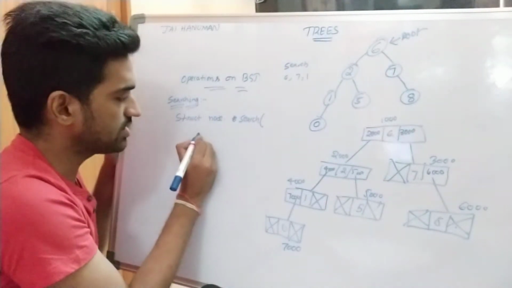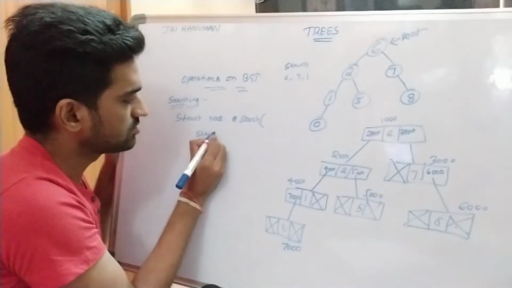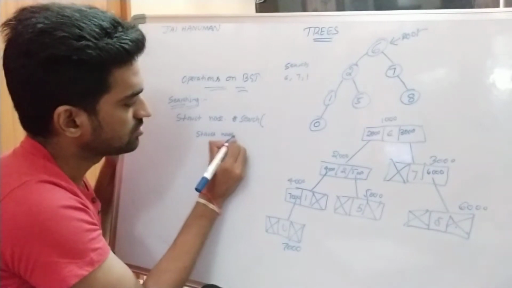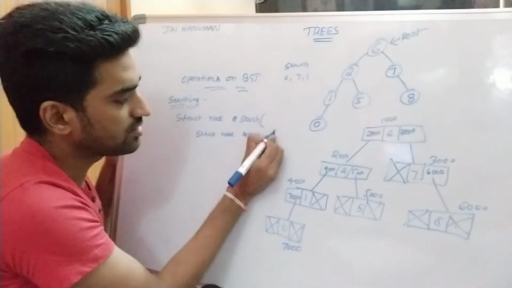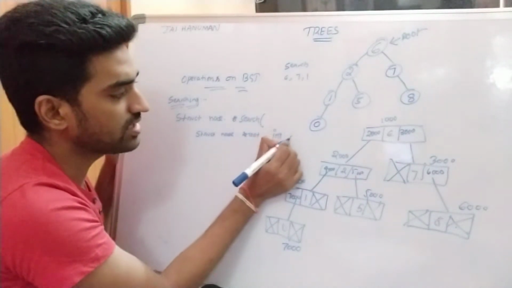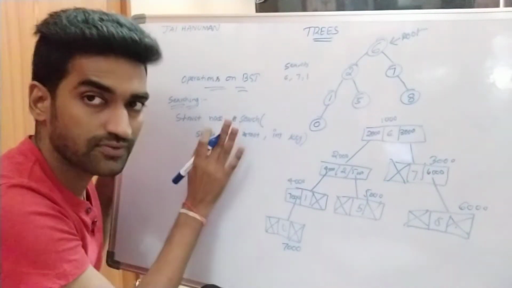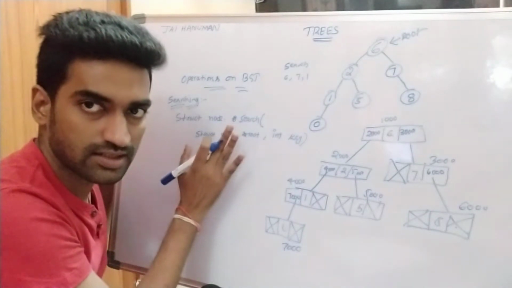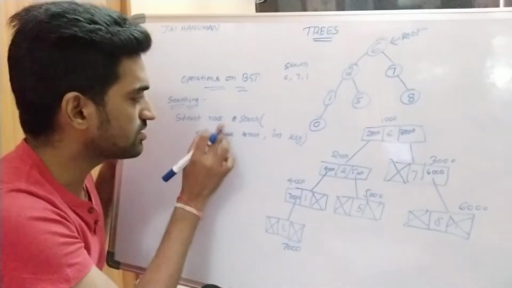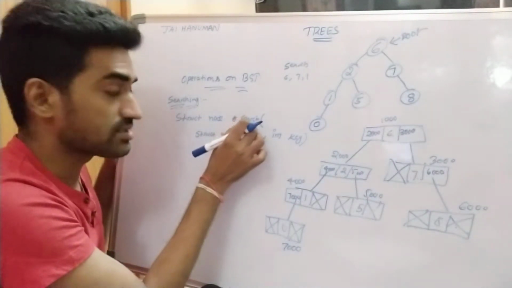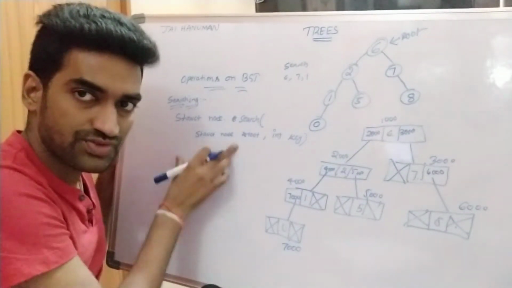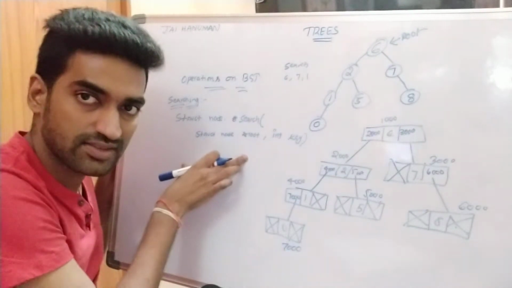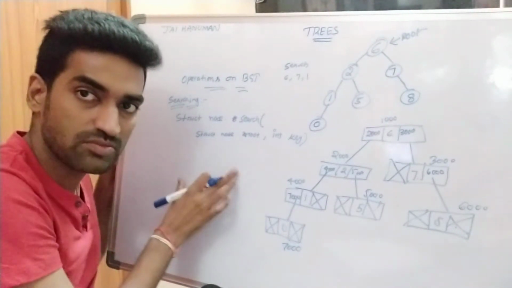So I write struct node asterisk root, comma, and the key value is an integer, so int key. Here I am writing the function definition only, not the entire program. After calling this function, the entire process is executed in this function definition. So here I am writing the general procedure for searching an element, right?